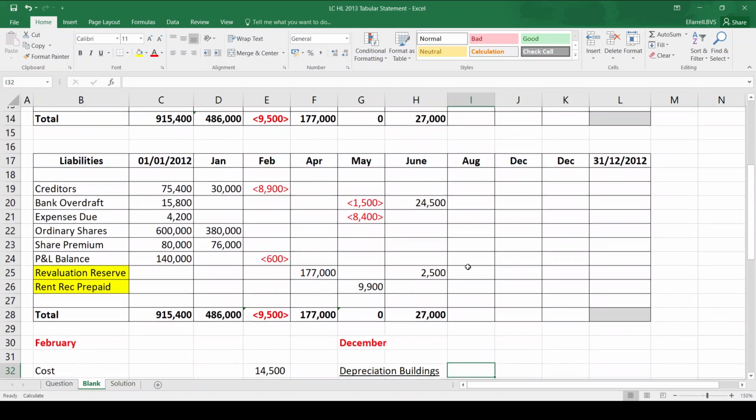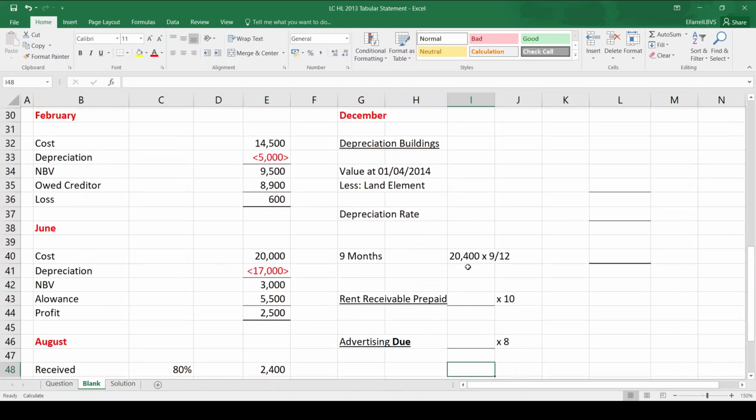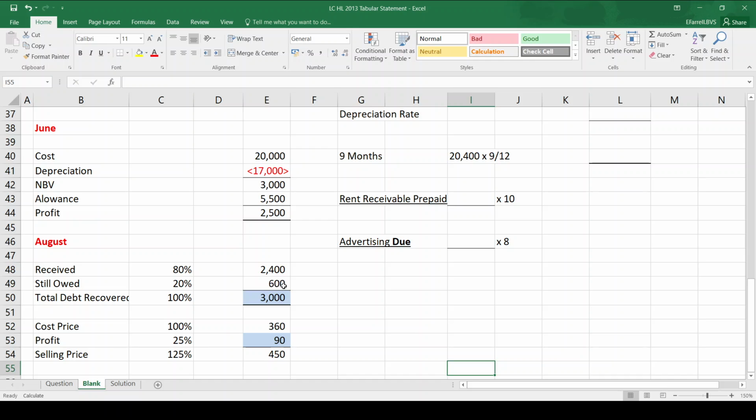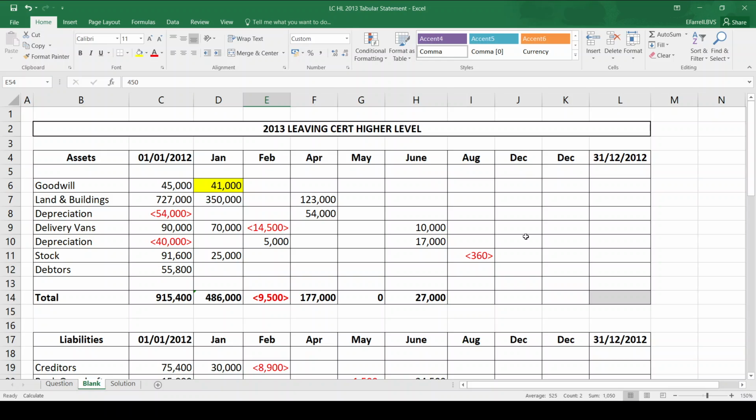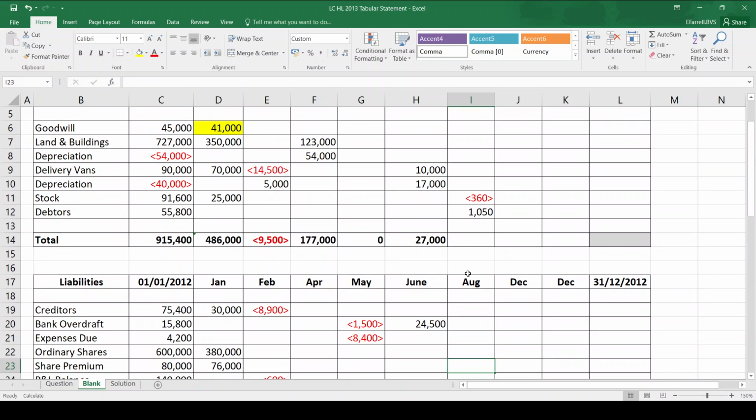Debtors will increase by the amount that he still owes us of €600 for the bad debt and the 450 he owes us for the goods that we sold, which you can see here totals 1,050. So debtors are going to increase by 1,050. My bank overdraft will reduce by the amount that we received, which is the 80%, or the 2,400. So bank overdraft is going to reduce by 2,400.